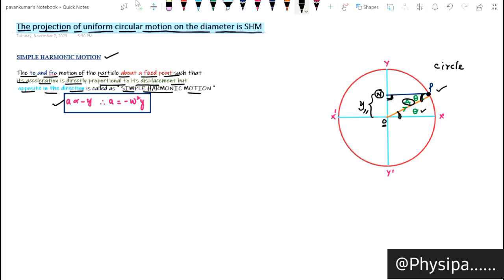Now we have to understand how the projection of the particle moves when the particle completes one rotation along the circle. To understand this motion of the projection, please watch this video clip carefully.